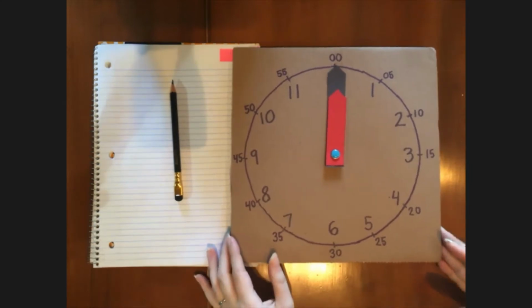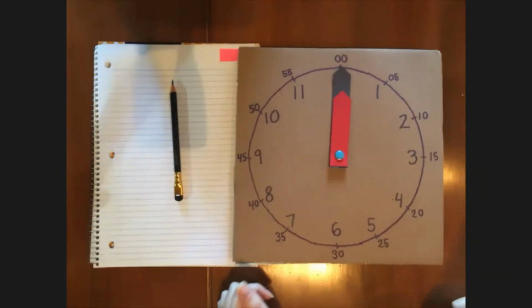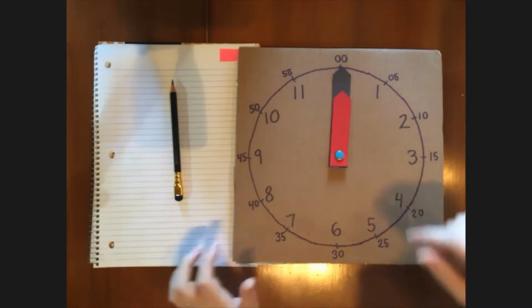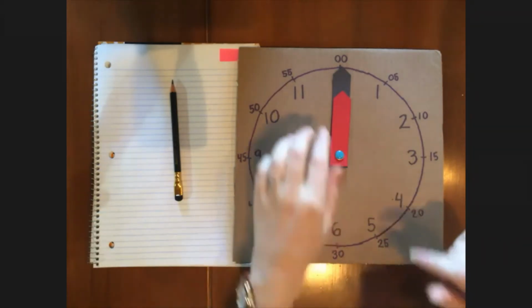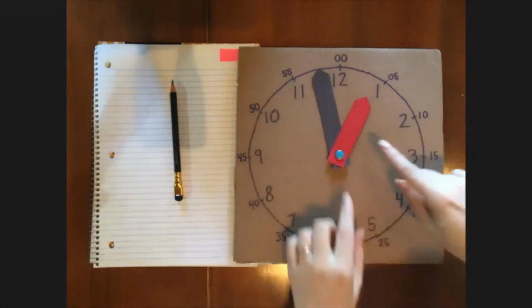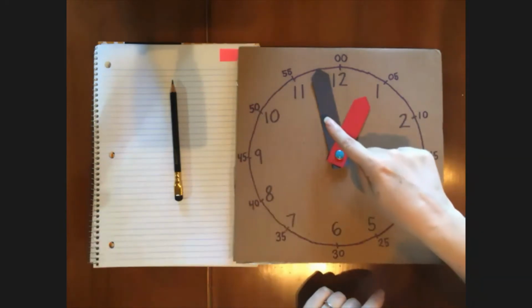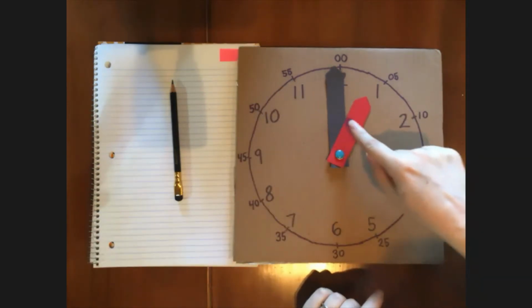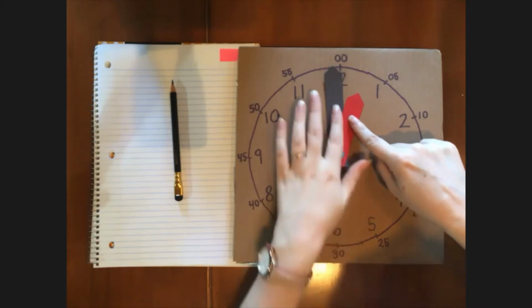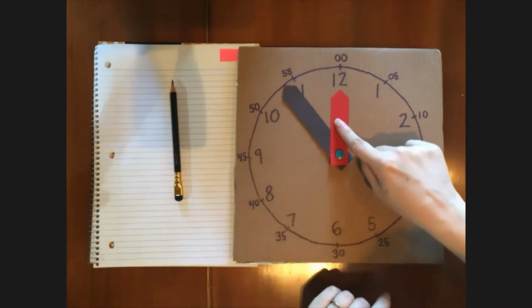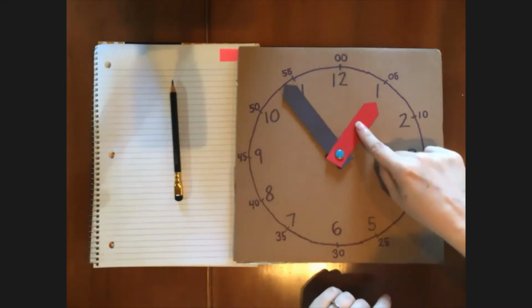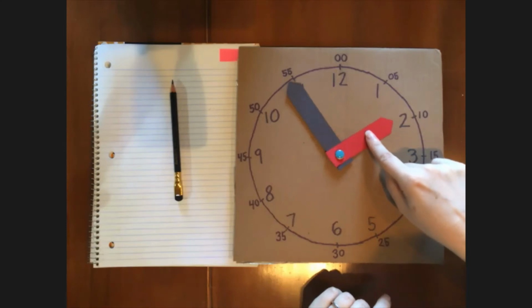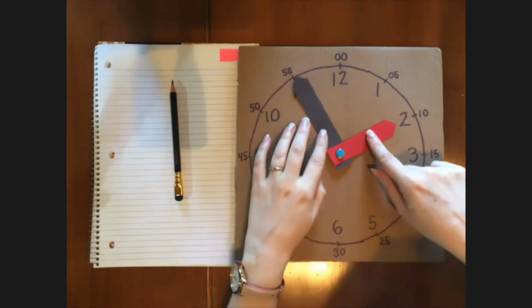So first, I just want to talk a little bit about our clock. Last time we made our hour hand and our minute hand. And we talked about how the hour hand moves one spot every hour.